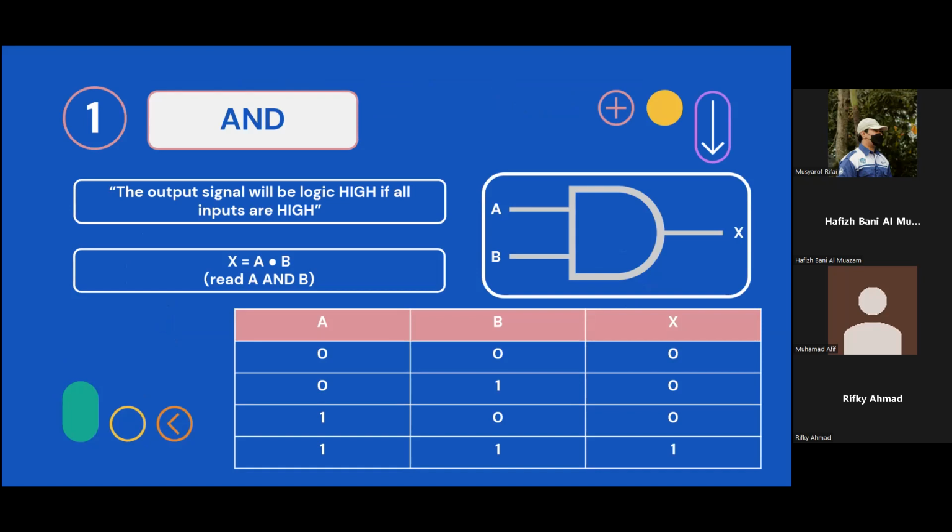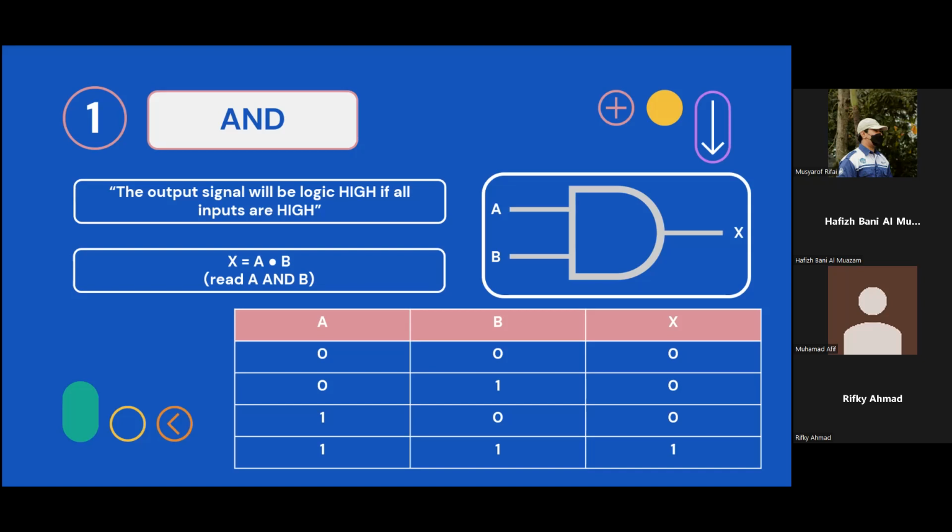The AND gate has 2 or more input signals, but only one output signal. Simply, the output signal will be logic high if all inputs are high. The notation of the AND gate is X equals A dot B, or A and B.